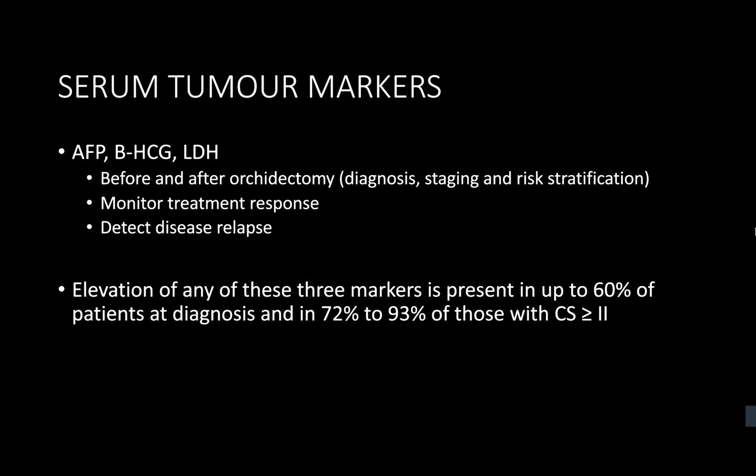The main tumor markers that we are using are alpha-fetoprotein, beta-hCG, and LDH. In seminoma, we expect only 30% to show a positive tumor marker, while in non-seminoma, 90% of patients will have at least one elevated tumor marker. So this is the importance in detection of the cancer.